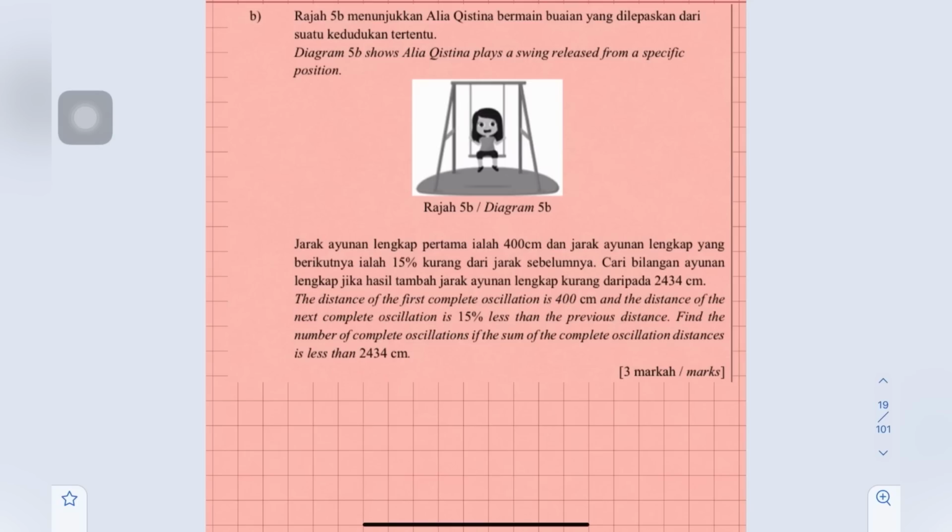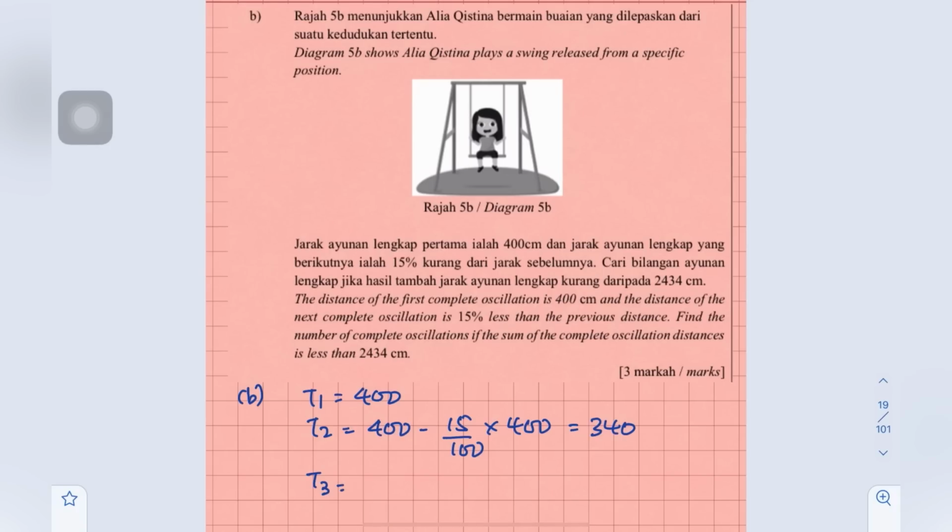First of all, we list T1 is 400. T2 decreases, so we subtract: 400 minus 15 over 100 times 400, which equals 340.